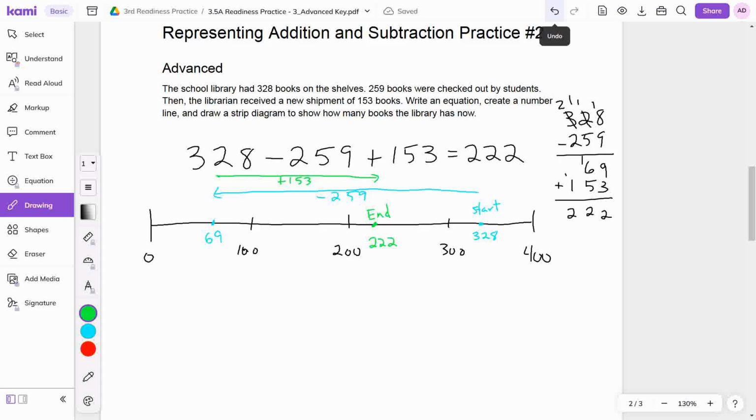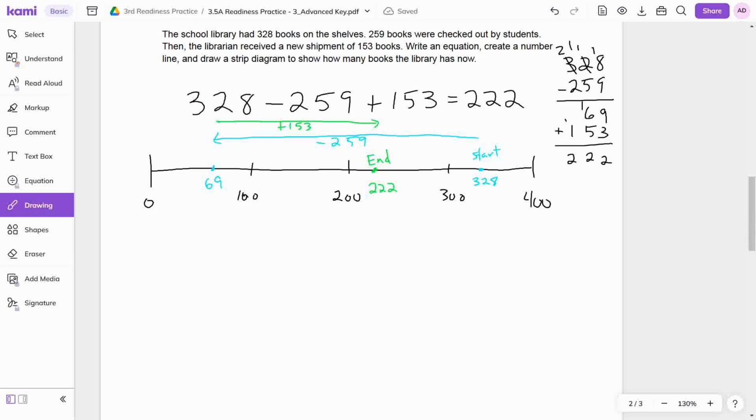Then we could also use a strip diagram. So a strip diagram, right, is we can take the amount of books that we had. So I'm going to take my two numbers that I am going to add, that 328, the 153.